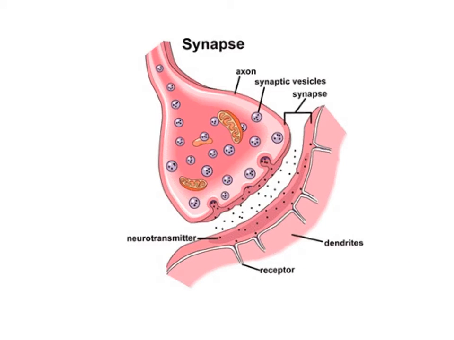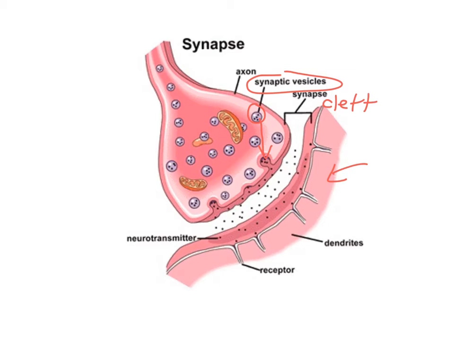When a nerve impulse reaches the synapse, it triggers neurons to release chemical neurotransmitters. These neurotransmitters are located in their synaptic vesicles, right here and here, and they get released from the vesicles and travel across the synaptic cleft to the target neuron.